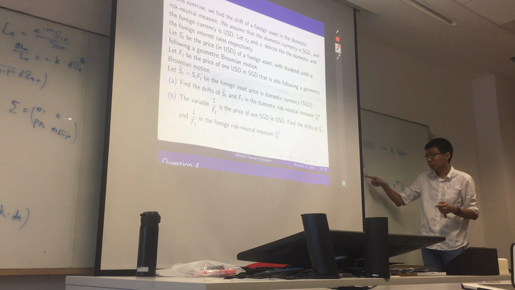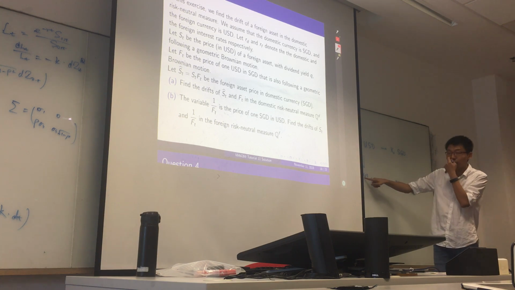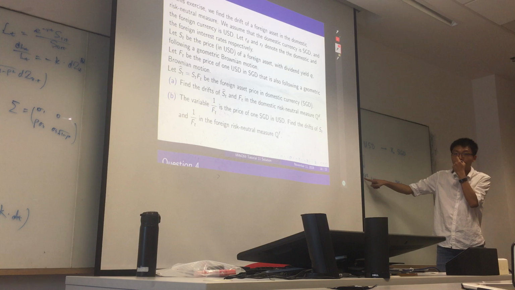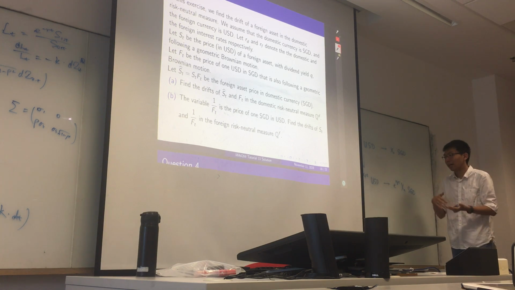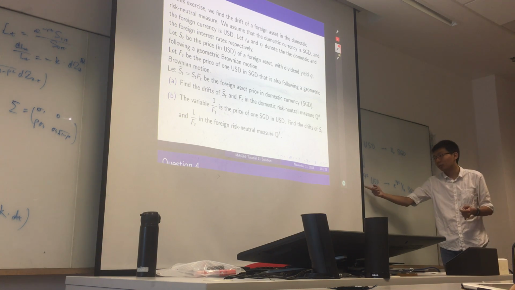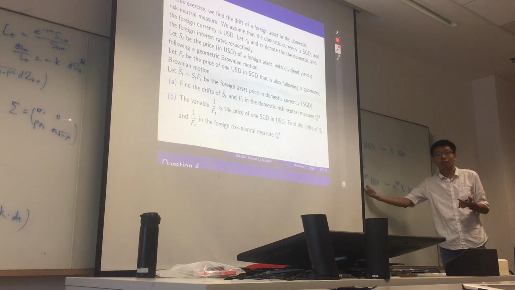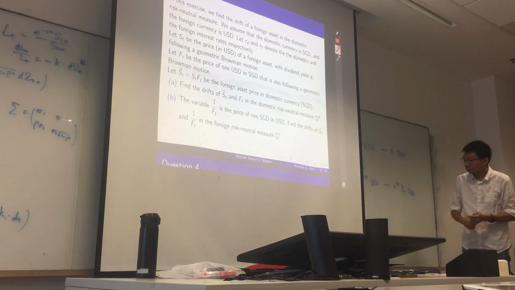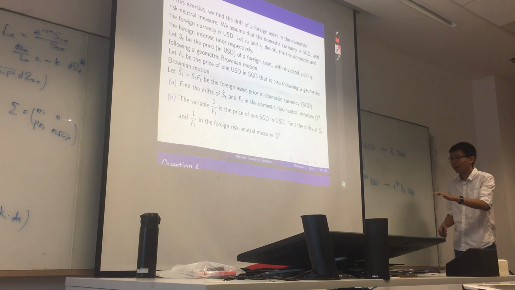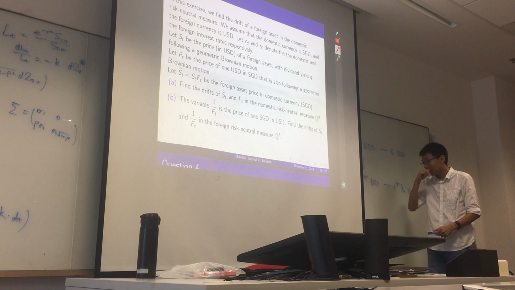I will get paid at this interest rate, rF, which stands for the interest rate in the US. So after some time t, my US dollar deposit becomes e to the power rF times t. That's my interest accumulation. That's what really happens in this ideal market.